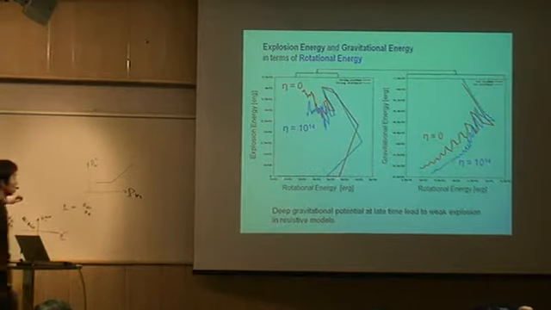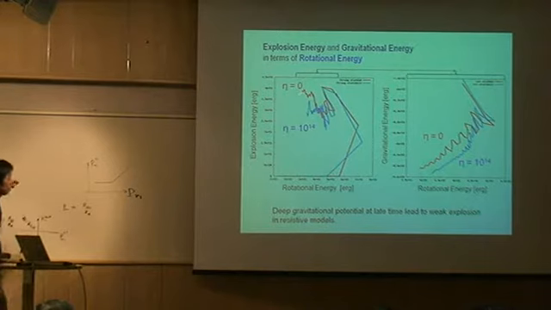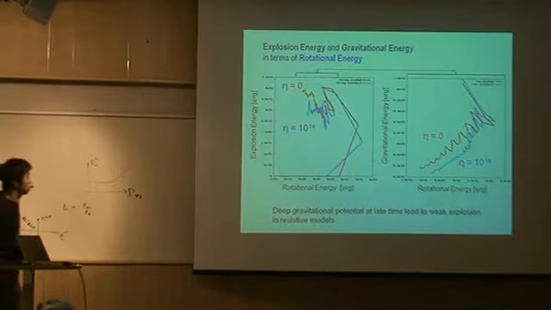The evolutionary track is in this direction. So first, during the collapse, rotational energy increases and it reaches a maximum value at bounce and then decreases. And evaluated at the same remaining rotational energy, the explosion energy of the resistive model is still weaker than that of the ideal model. So what happens?